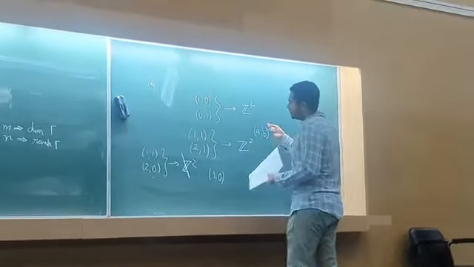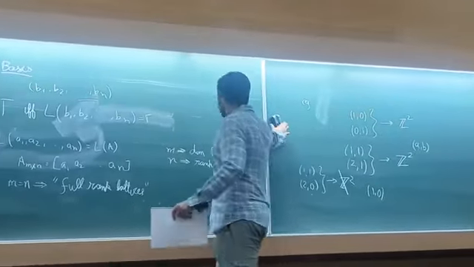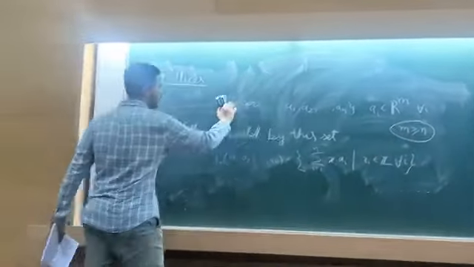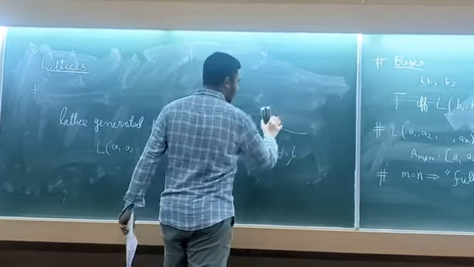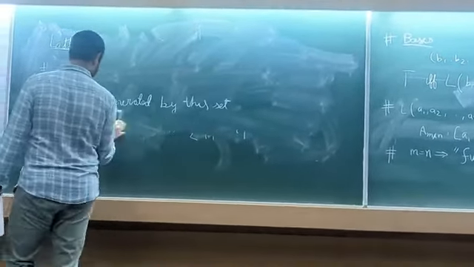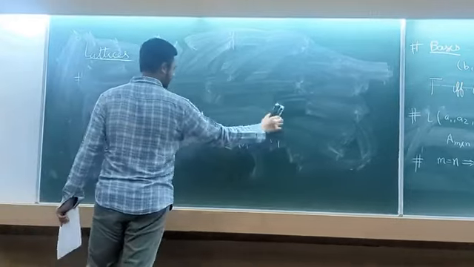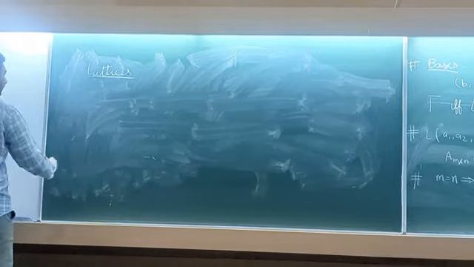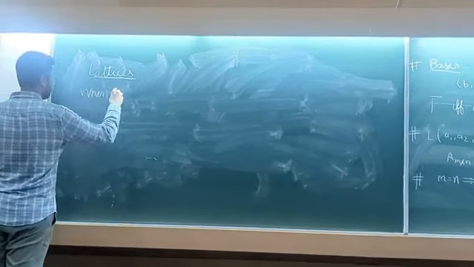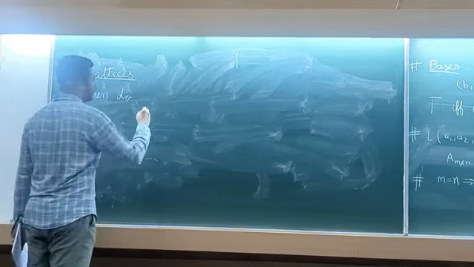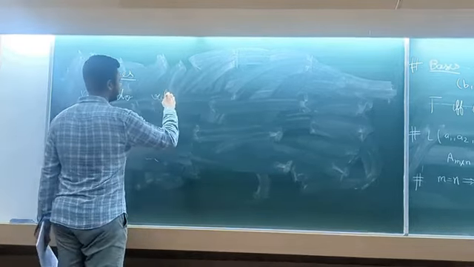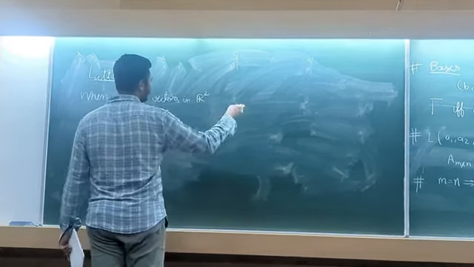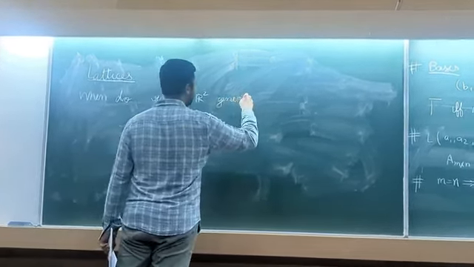So when do vectors in R2 generate Z squared?